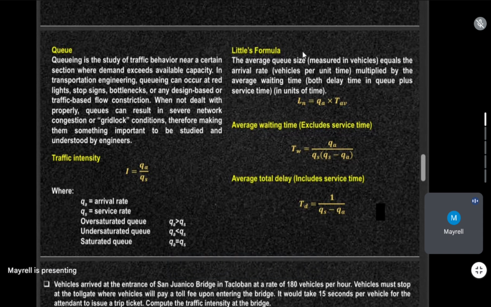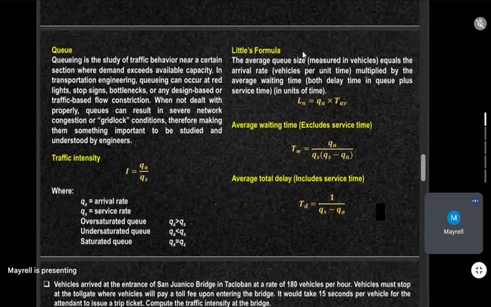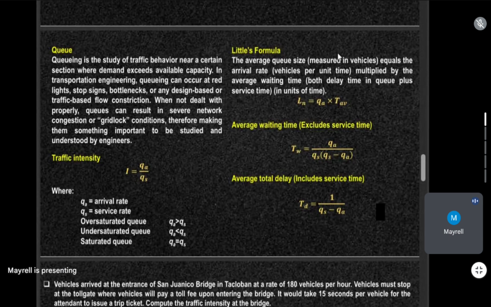Then we have Little's formula. The average queue size, measured in vehicles, equals the arrival rate, in vehicles per unit time, multiplied by the average waiting time. That is the delay time in queue plus service time, in units of time.